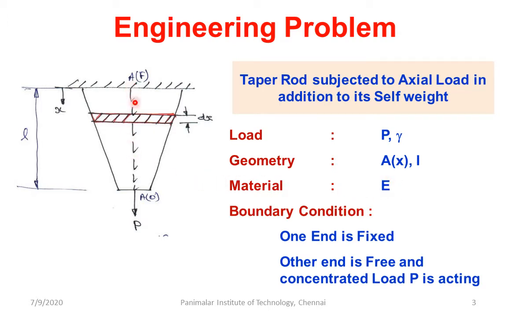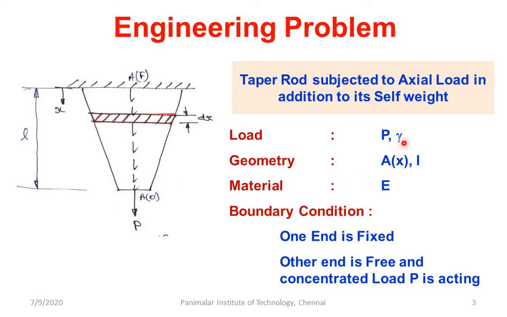Coming to the load, one load is acting at the free end, P, a constant point load, and we are considering the self weight of the taper rod also. The self weight is a variable one. With respect to x, the self weight will increase. At the fixed end, the self weight of the rod will be 0, and it will increase gradually; when you come to the free end, the self weight will be the maximum.